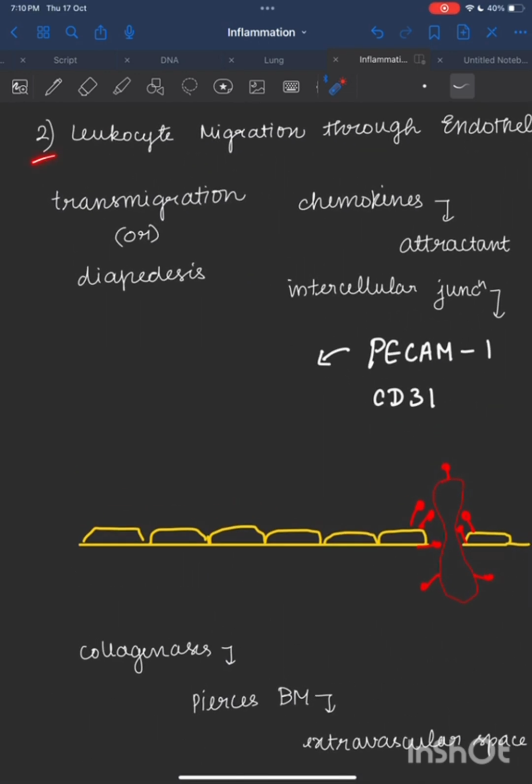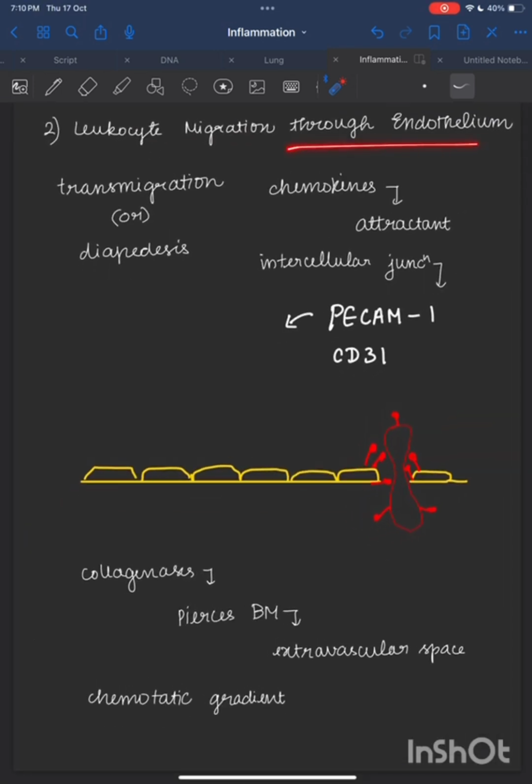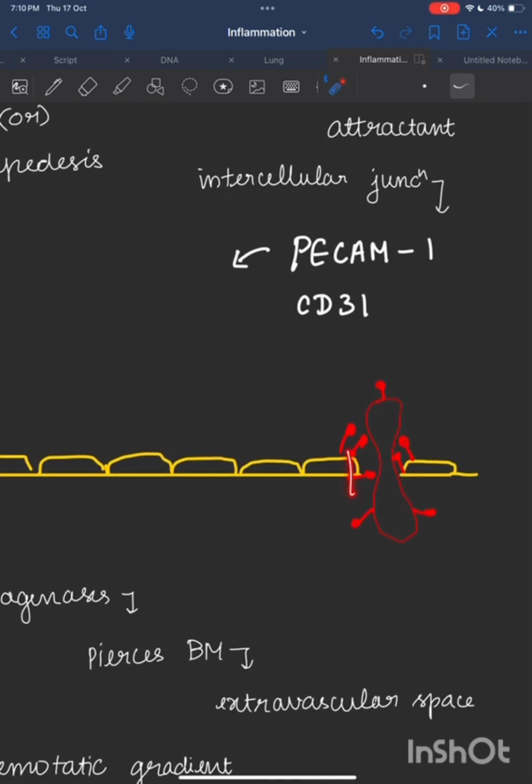Then the second step is leukocyte migration through the endothelium. It is also called transmigration or diapedesis. Chemokines are attractants. They will attract the leukocyte towards them. Intercellular junction, this is where the endothelium has broken. This is the leukocyte, and these are called PECAM.